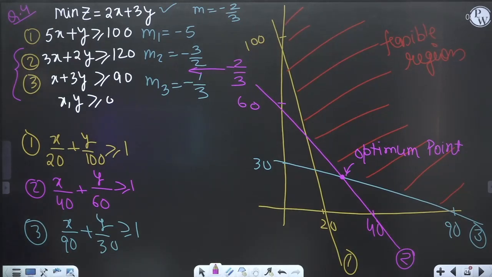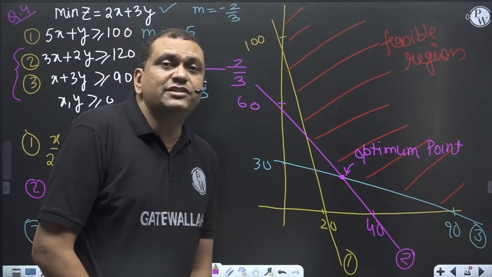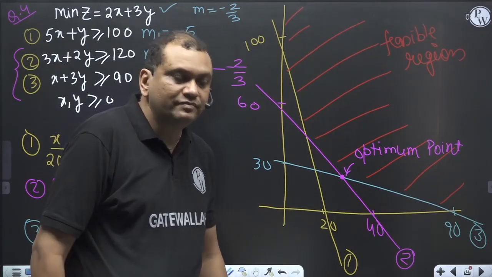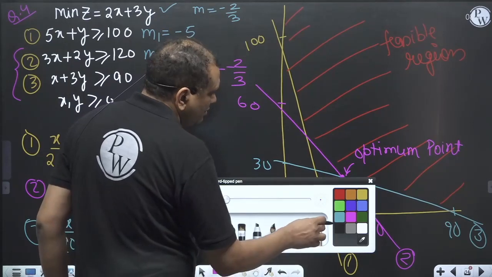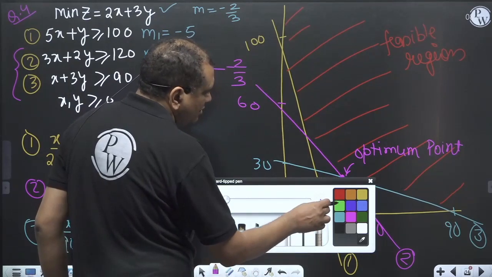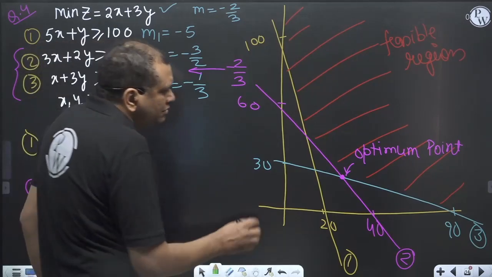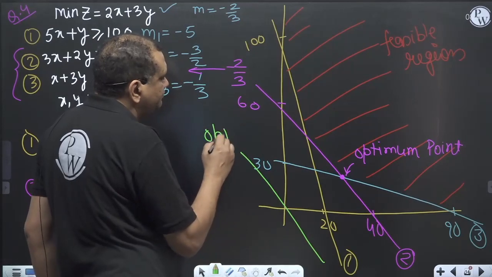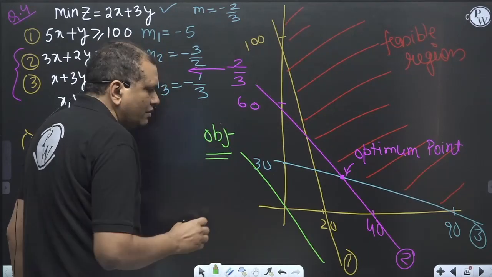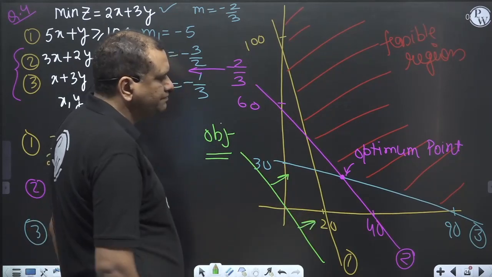Because our objective function is a minimum function, so the way we do it, draw the objective function line passing through the origin and extend this line towards the feasible region.